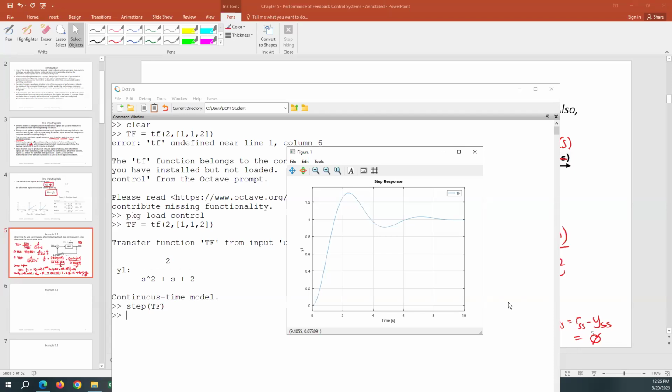In MATLAB, you can first define the transfer function, and then use step to plot the step response for that transfer function. Now from this response, of course, we can see the peak overshoot and the steady state value, all these things we're going to discuss.